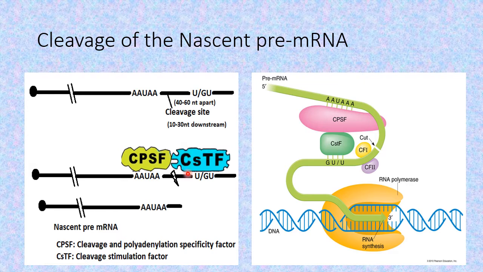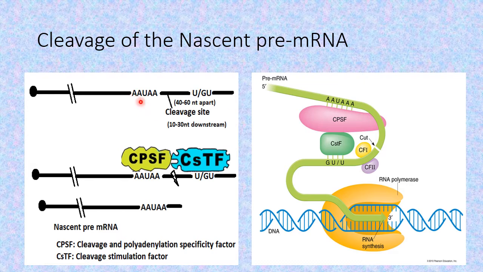So after this, how does it truncate? Just prior to the poly A signal there is a cleavage site. This cleavage site is conserved.